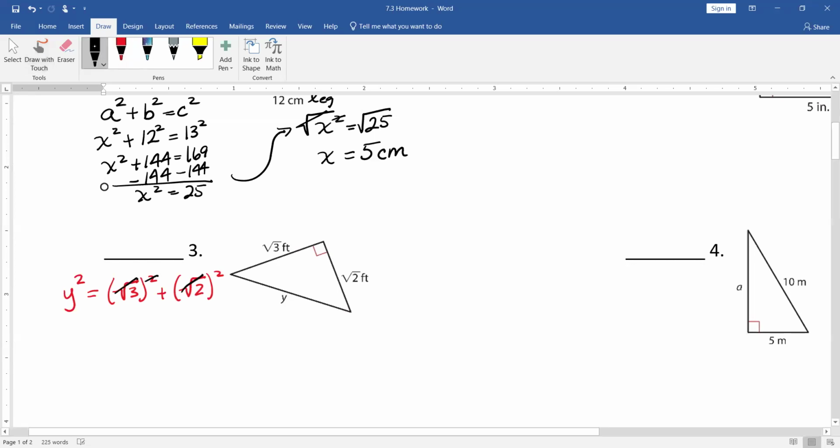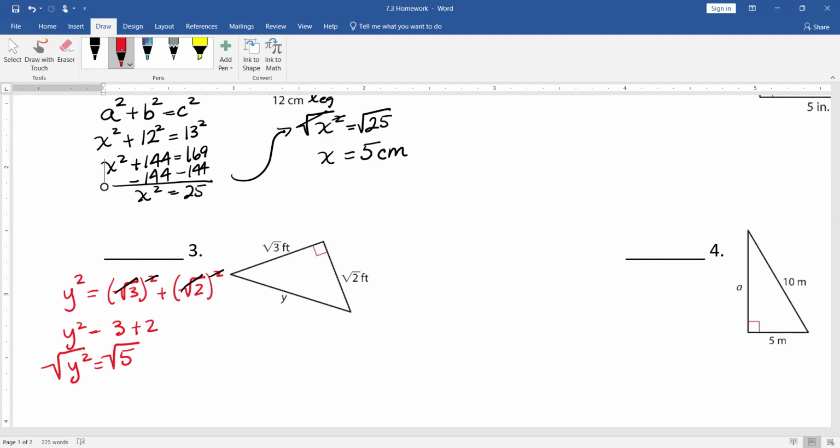So these two actually just cancel, and you end up with y squared equals 3 plus 2, which is 5. So y squared equals 5, but we do still have to find the square root of both. And that just means that y equals the square root of 5. 5 is prime, so we can't do anything else with that. And so we get that as our answer. And if you put that into your calculator, you'll find that that equals 2.2, and this is feet, approximately 2.2 feet.